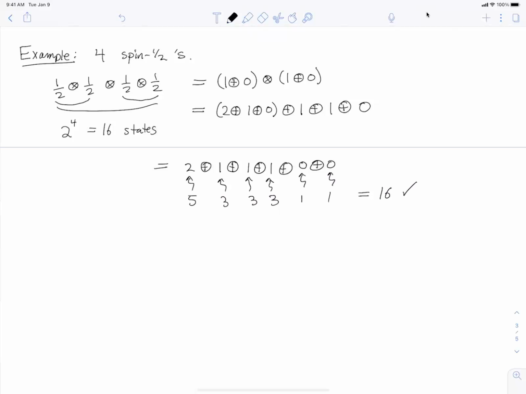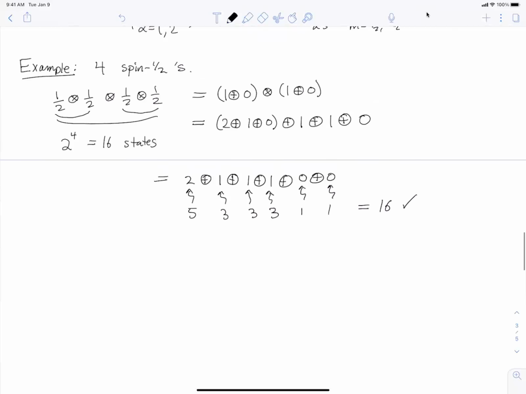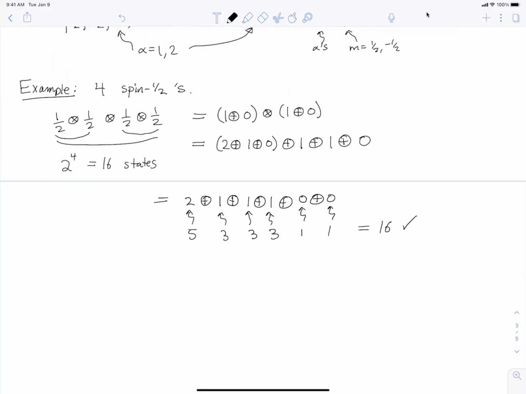And so everything works and it checks. So we did it one particular way. We could have also, for example, decided to first combine these 2 and then combine those 2 with this one, and then take the result of that and combine with these. But we would have gotten the same answer in the end for the total here. It would have given the same exact result for the allowed states.